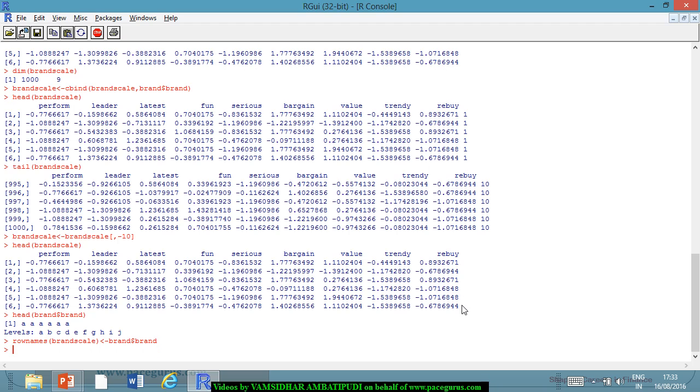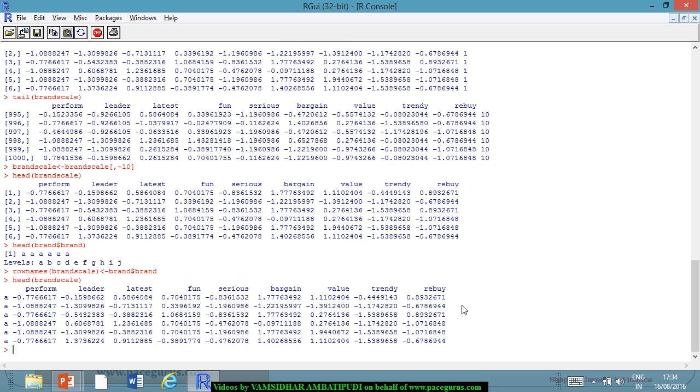When I set the row names of brand scale, let me look at how the brand scale is coming out, because I have set the row names to this. Now it is coming out as A. So the row names are coming out more like this, but this is not a column.